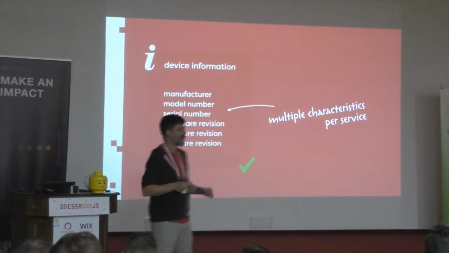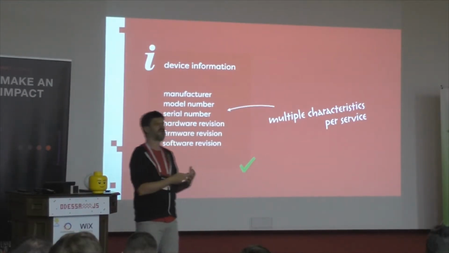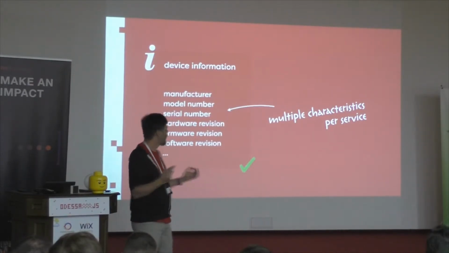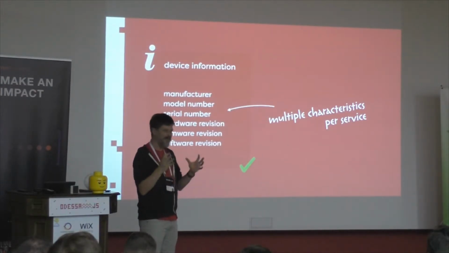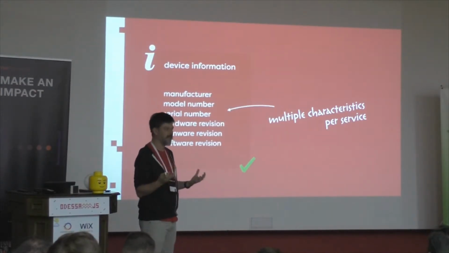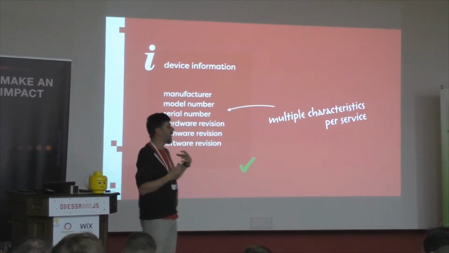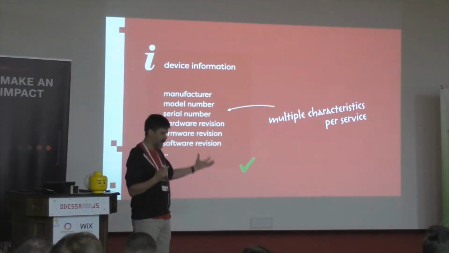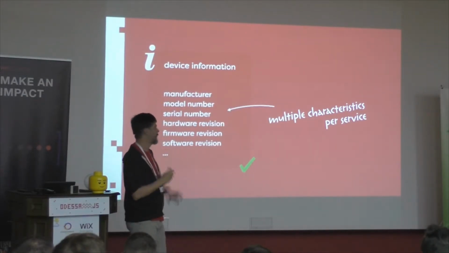Now, device information. That service has multiple characteristics. Those characteristics can be simple strings or bytes that tell you something about that service. So device information may have manufacturer or model number or serial number, and those individual properties, those are the characteristics.